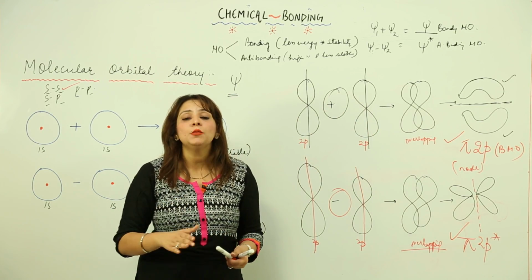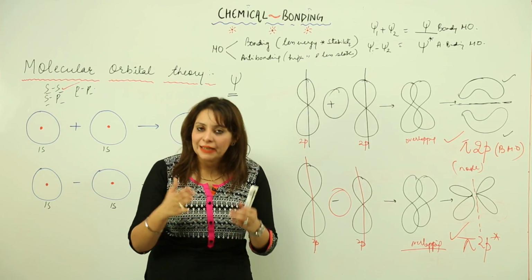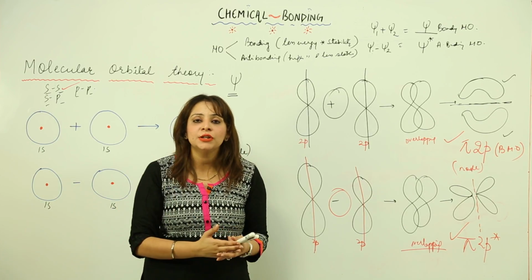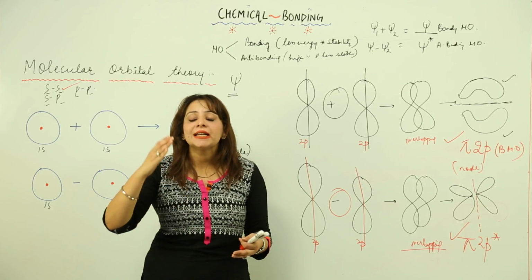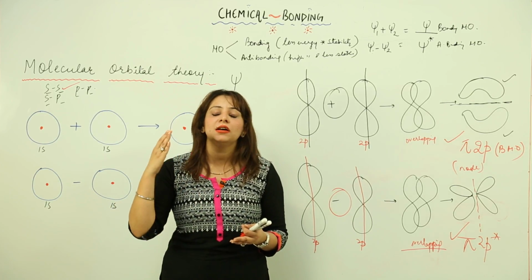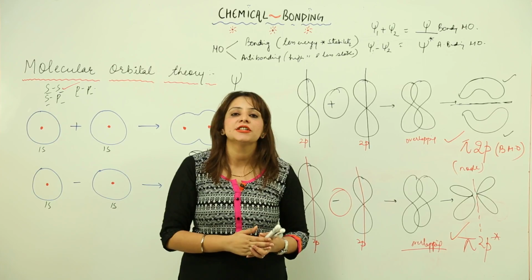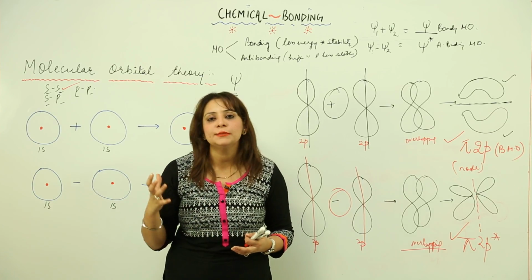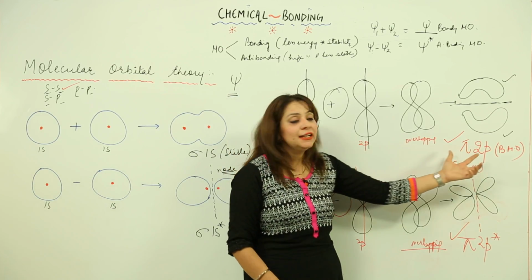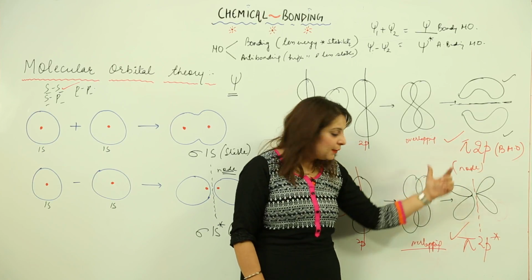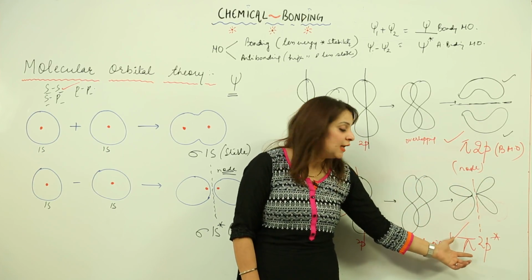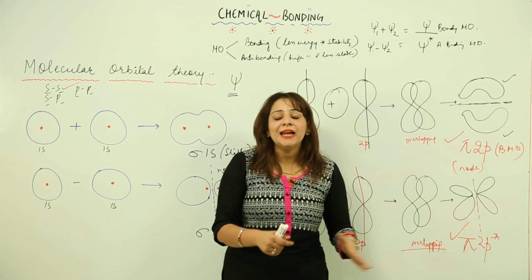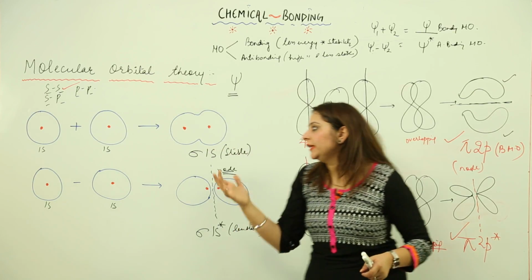The bonding molecular orbital is always going to possess less energy because there is an attraction. Again and again I am telling you that when there is an attraction, there is less energy, and less energy corresponds to a state of maximum stability. So here again it has a lower energy and more stability, and the anti-bonding has comparatively high energy and less stability. So likewise I think you know how to draw these figures.